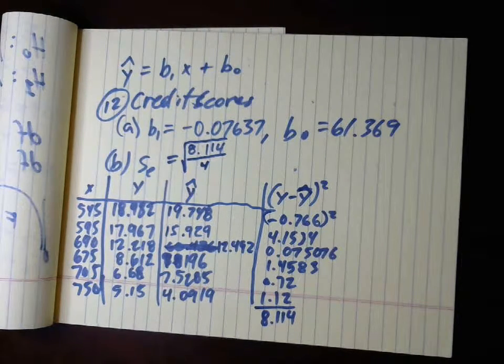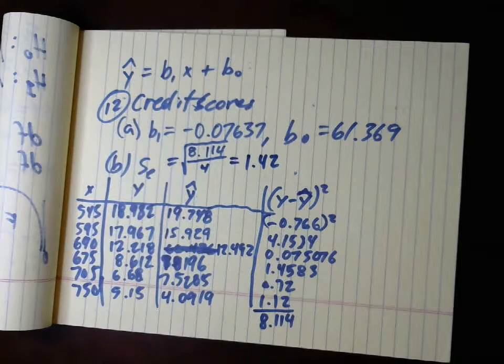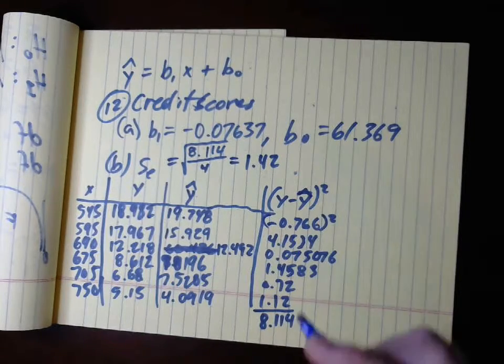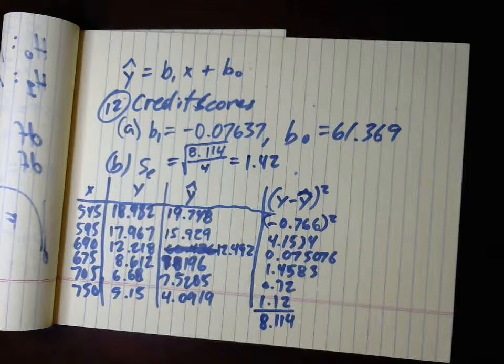Square root of 8.114 over 4 is 1.424. Let's say 1.42. And I rounded a lot of things, so chances are I'm a little off. According to the answer here, I'm right. Wow, that's convenient. Actually, really close. Okay, so that is 1.42, the standard error of the estimate.